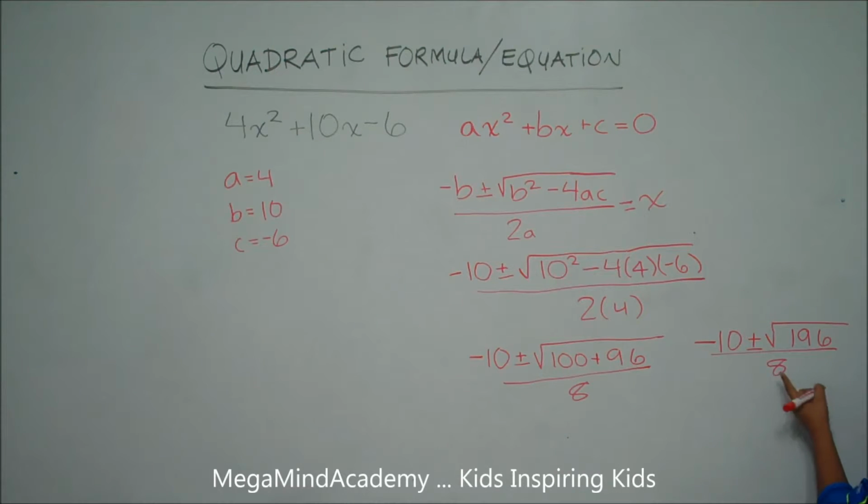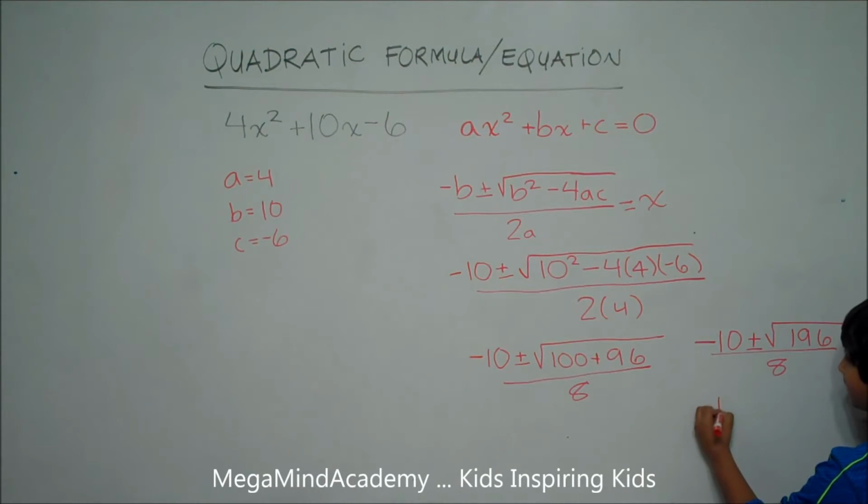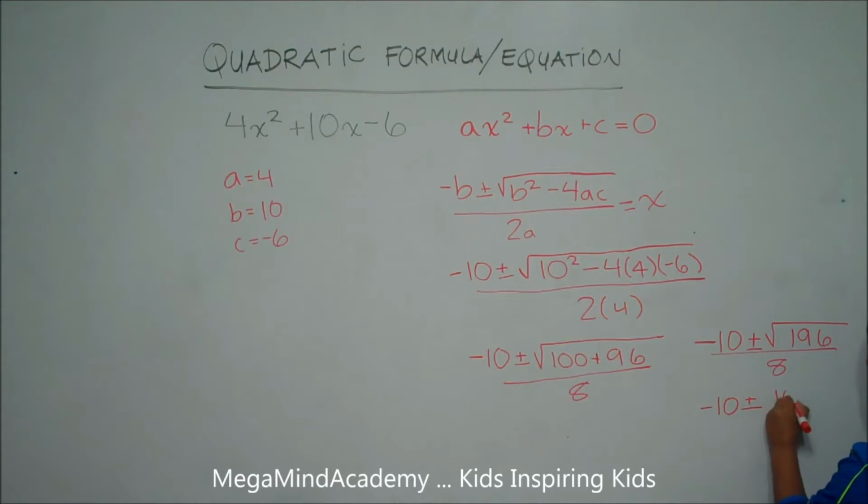We can simplify this still because the square root of 196 is 14. So, it would be negative 10 plus or minus 14 over 8.